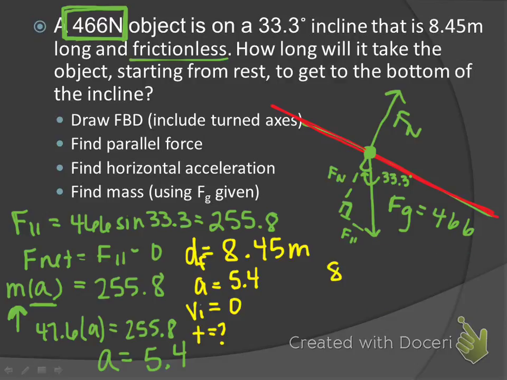So the second one would say 8.45 equals 0 plus 0 plus 1/2 a t squared. So don't forget to square root that answer at the end, because you have t squared here.